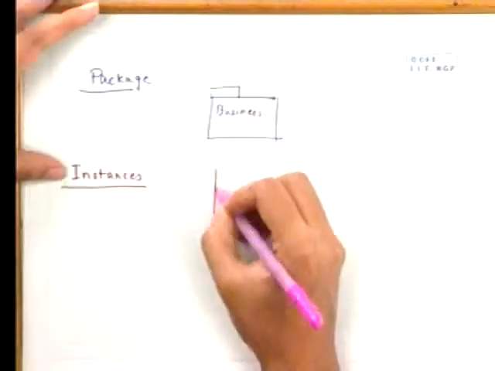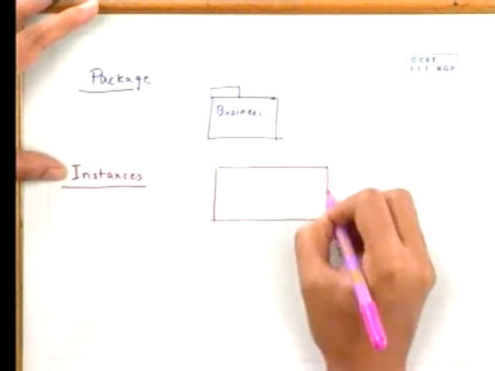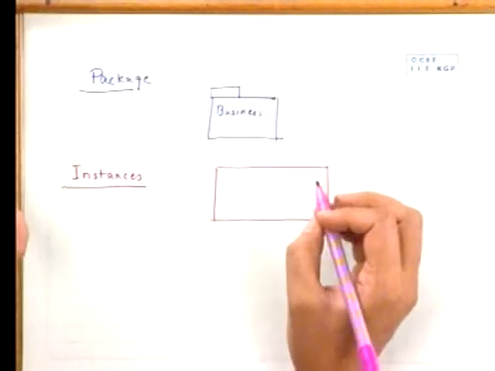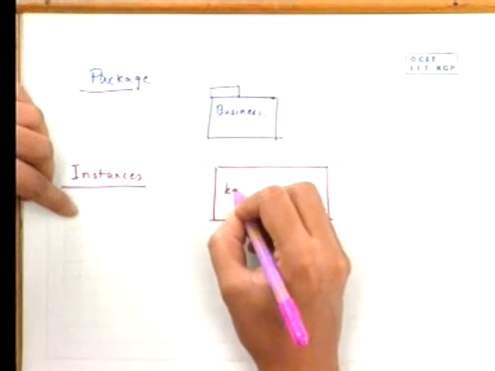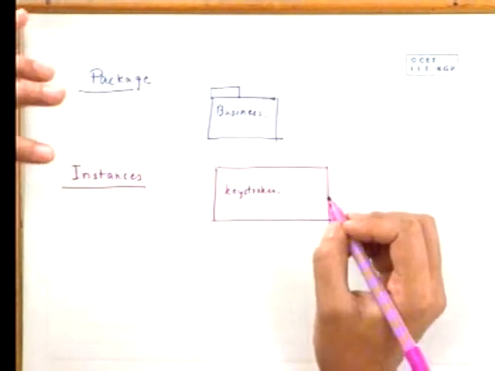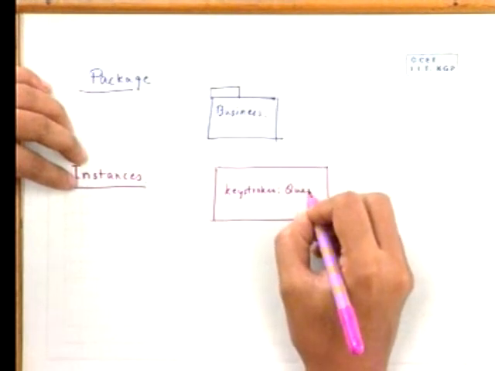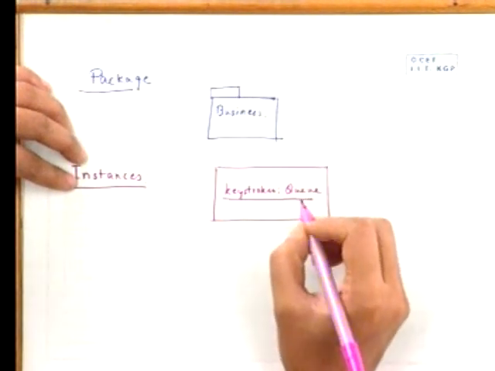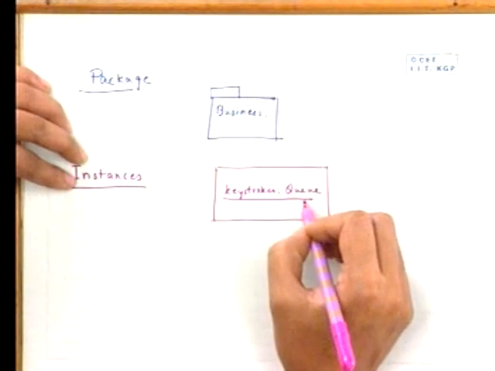Instances are a concrete manifestation of an abstraction, and an instance is denoted similar to a class, but they are underlined. Suppose keystrokes is an instance of the class Q. So we underline the name as well as the class to which it belongs.